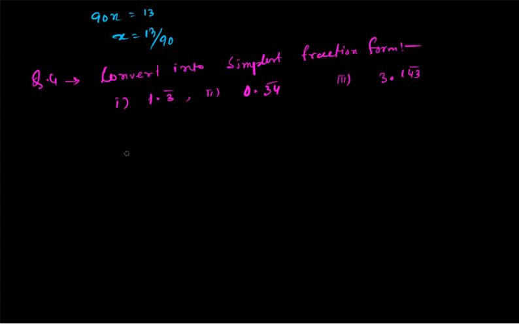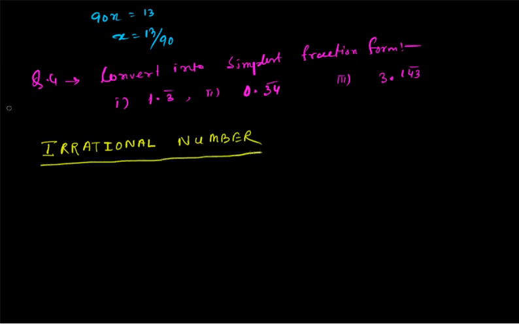Okay. So right now we are doing irrational numbers. So what is the definition I told you just? The numbers which can be expressed neither as a terminating decimal nor as a repeating decimal.